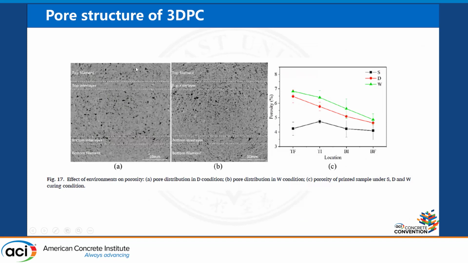We also calculated the porosity of different samples, 3D printed and cast concrete, from the top surface until the bottom. We calculated the top filament, the top interface, the bottom interface and the bottom filament. Here we can see the result about the porosity, where TF means top filament, and BF means the bottom filament.